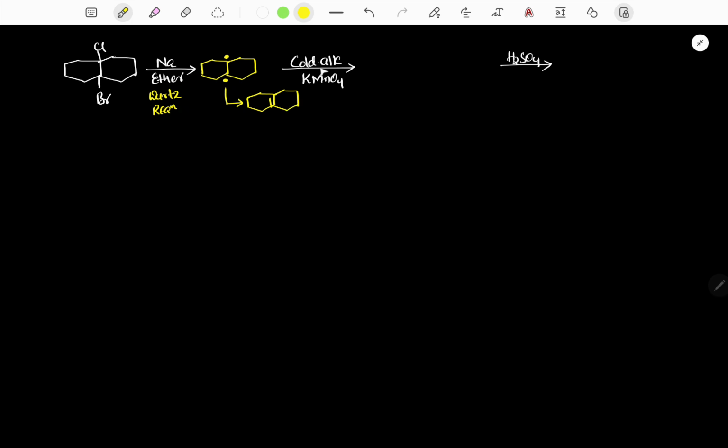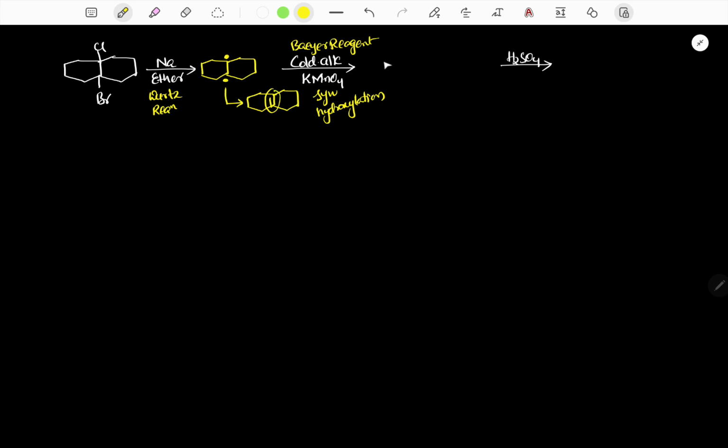Now, the alkene treated with cold alkaline KMnO4 is called Baeyer's reagent, and this reaction is syn hydroxylation.